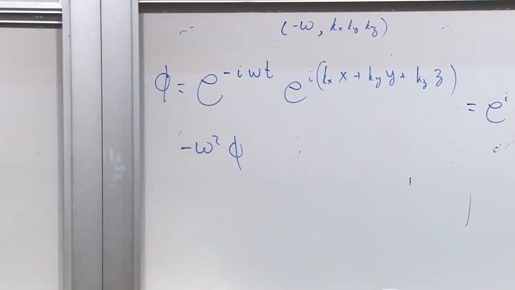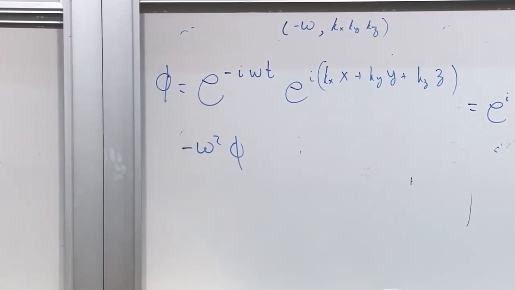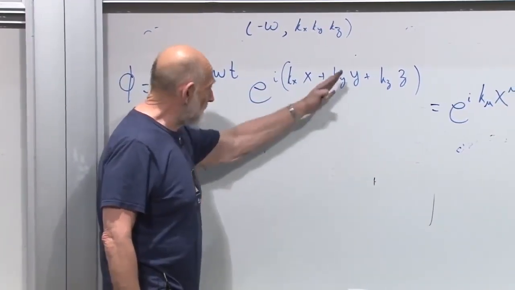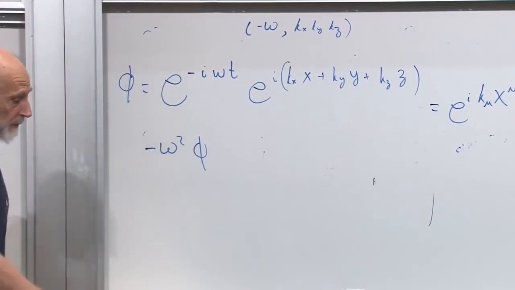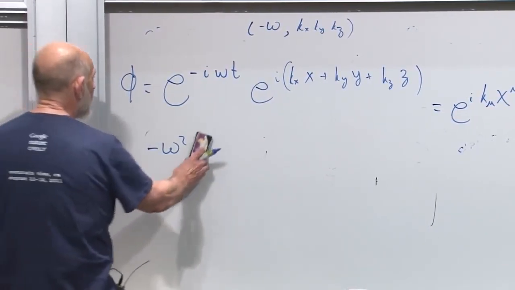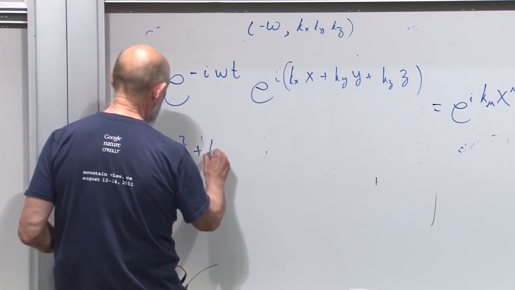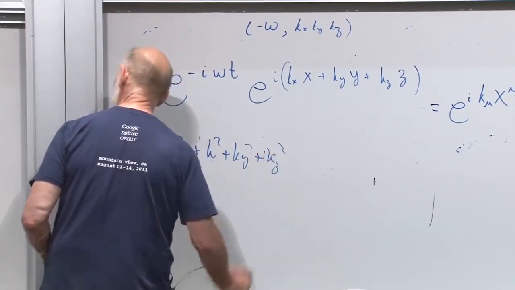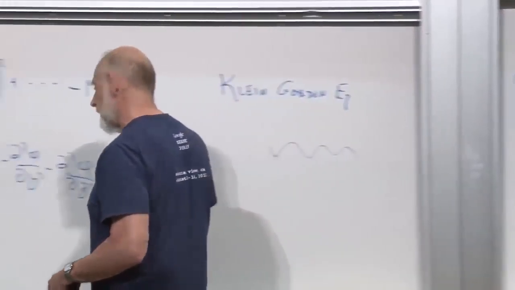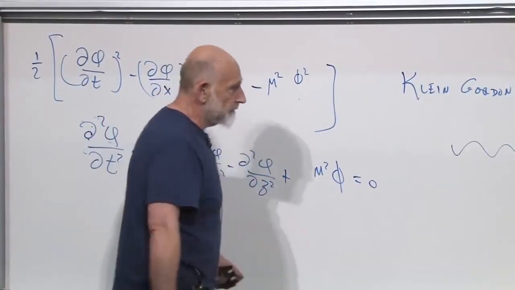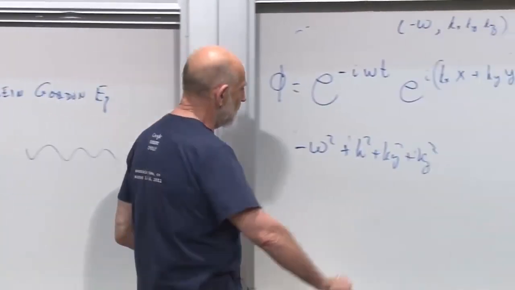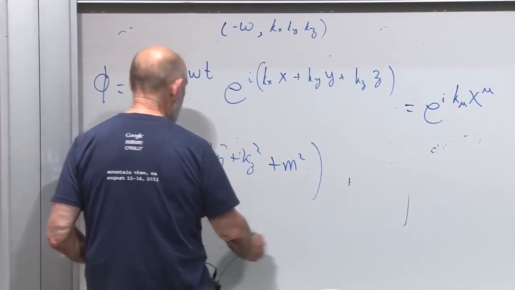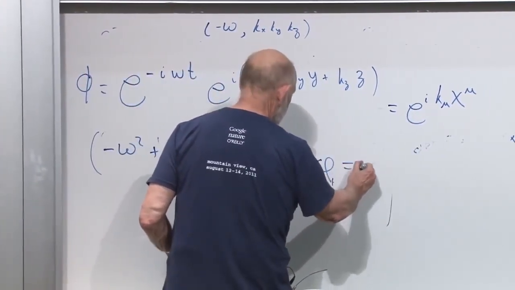What happens if we differentiate with respect to x? We get kx squared. With respect to y twice, ky squared. And so altogether we'll get minus omega squared plus kx squared plus ky squared plus kz squared. But we're not finished. We still have plus m squared here. So there's plus m squared phi equals 0.